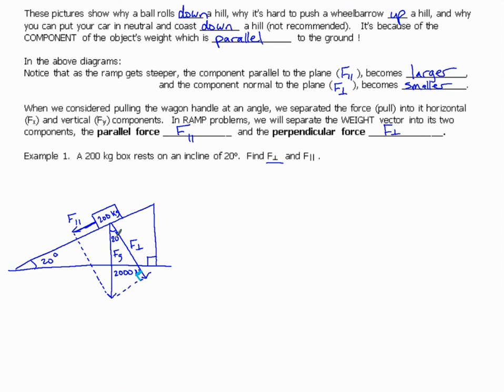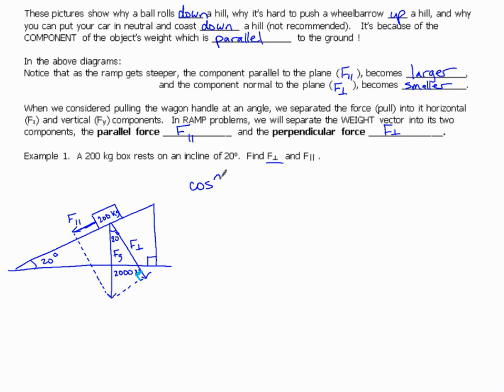And so we have a 90-degree triangle with a 20-degree angle on the other end. And so let's look for the perpendicular force first. Here's the perpendicular force. Here's the angle we know. This is the adjacent side, and we know the hypotenuse. So if we use cosine, it relates the adjacent and the hypotenuse.